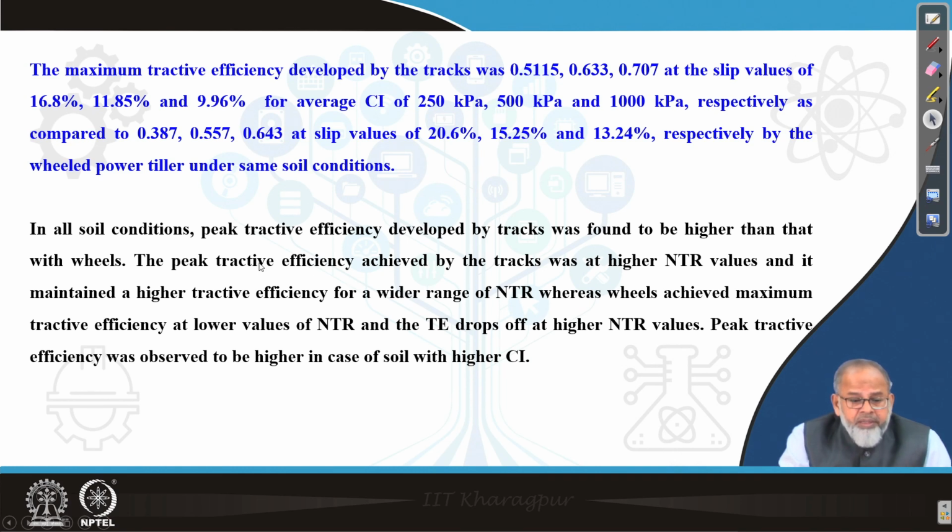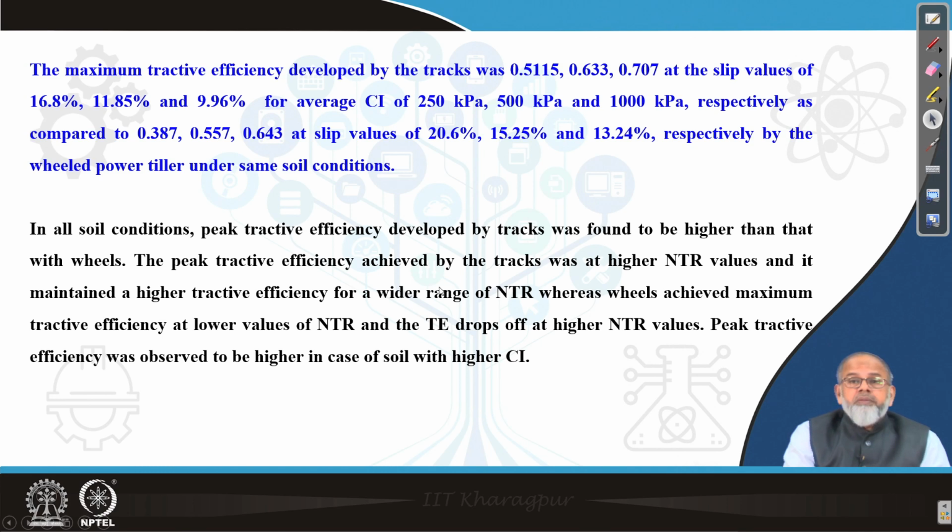And the other important thing is the peak tractive efficiency which is achieved by the tracks was at higher NTR values. That means higher pull to weight ratio values, and it maintained a higher tractive efficiency for a wider range of NTR values.